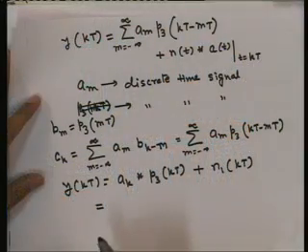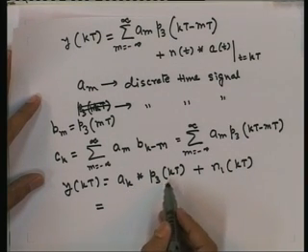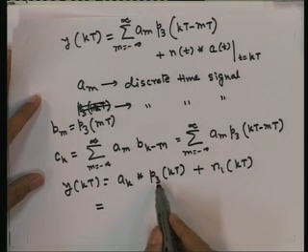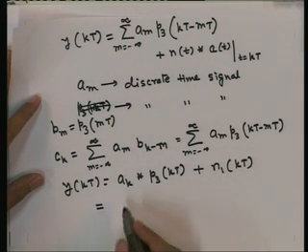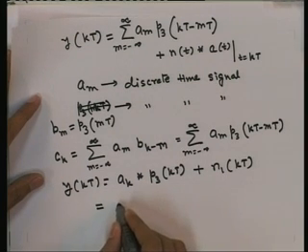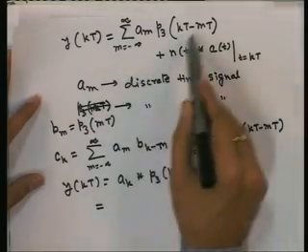Now we take different values of k and write them individually.